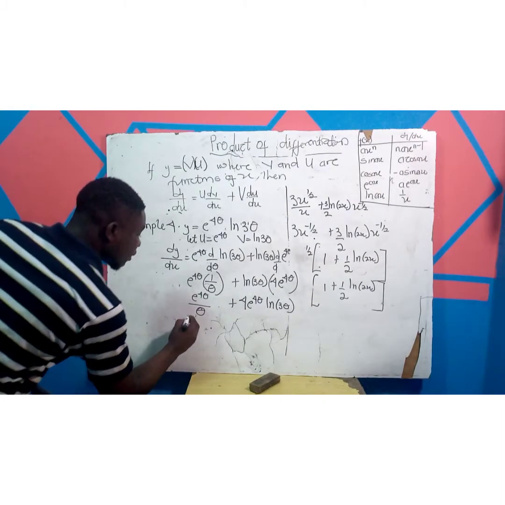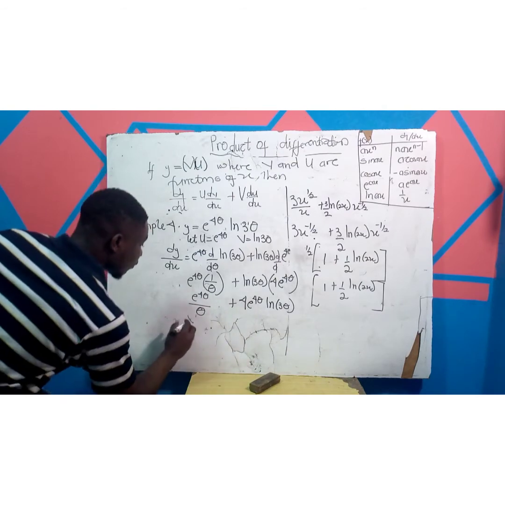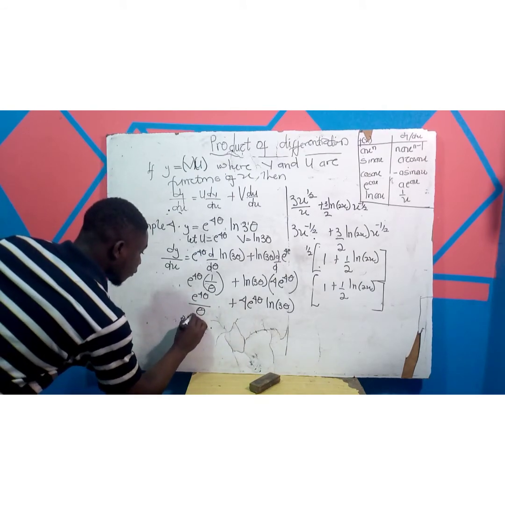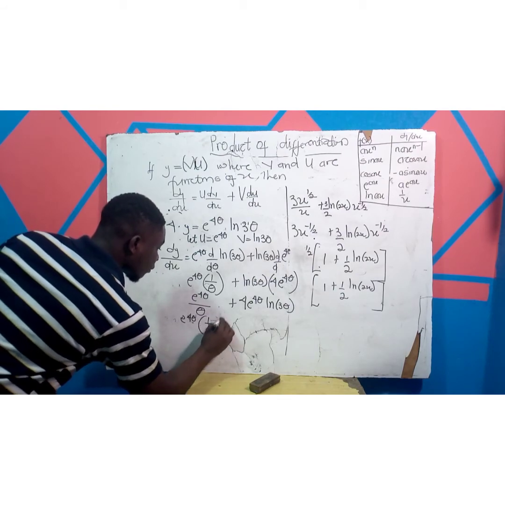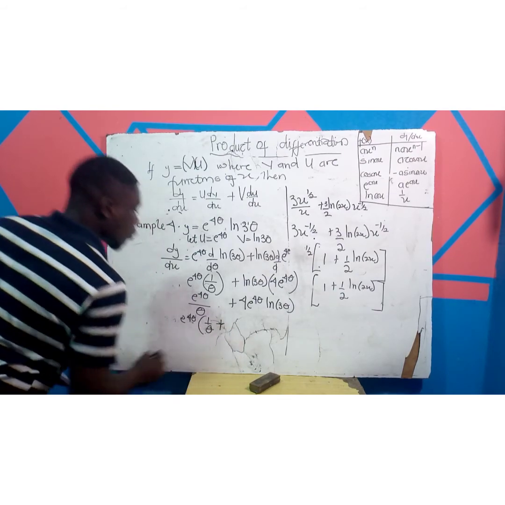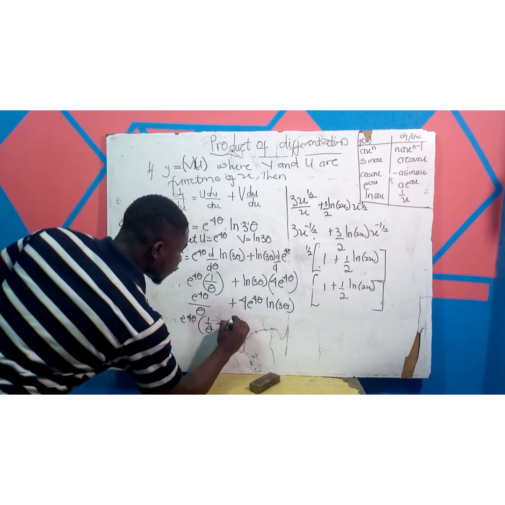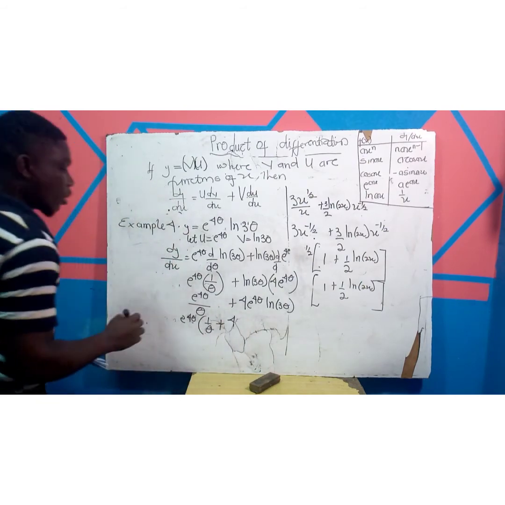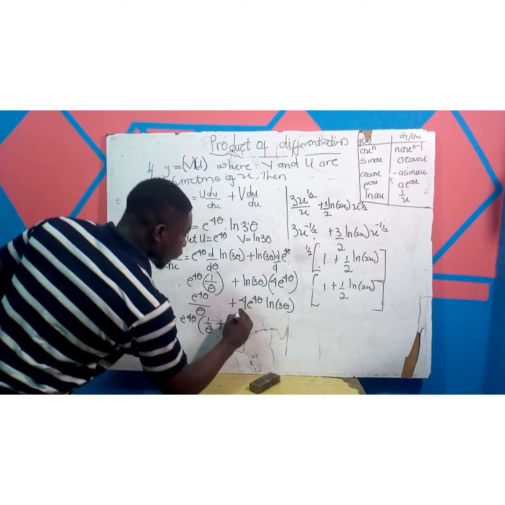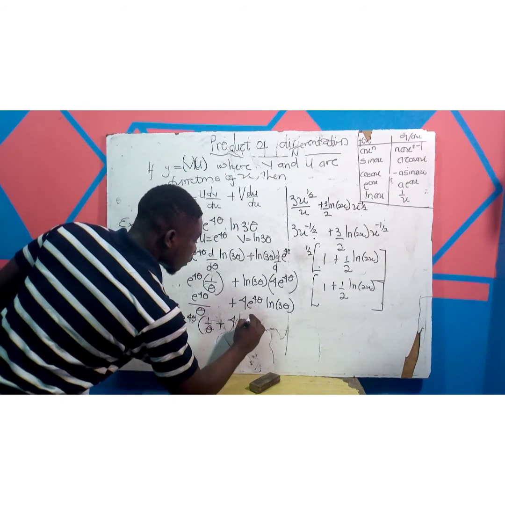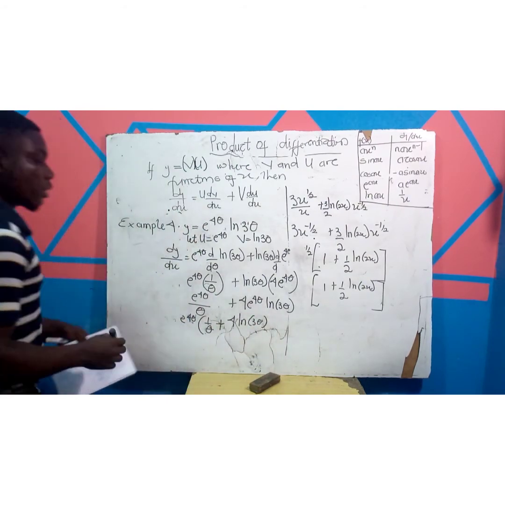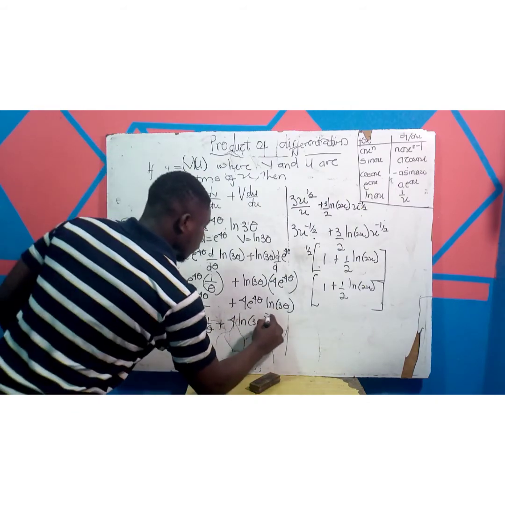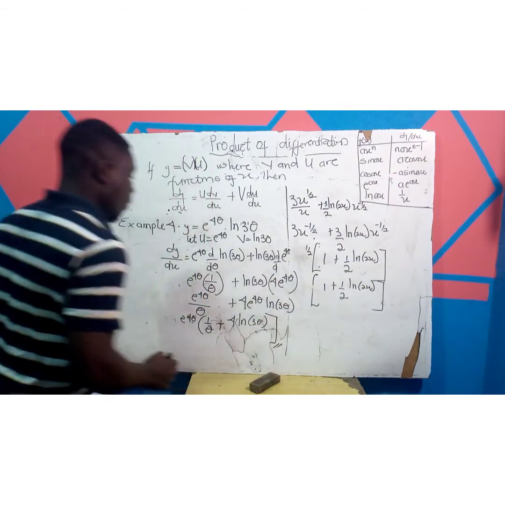When you factorize e exponent 4 theta out, here will be left with 1 over theta, plus here will be left with 4 ln 3 theta. Are you following? That will be the final answer for this.